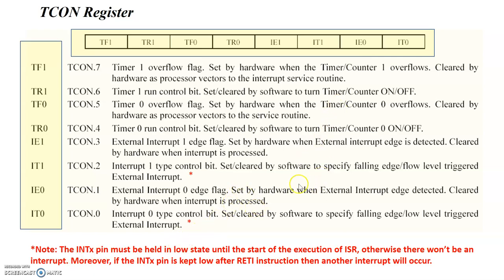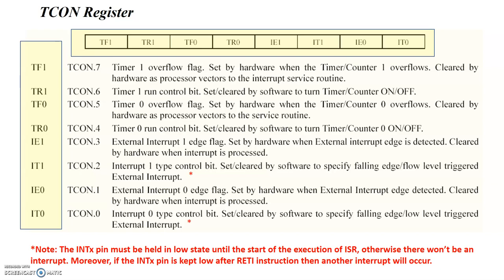Okay, so the other way is when there is a transition from high to low at the INT1 pin, then also an interrupt occurs. So if we are making the IT1 bit equal to 0, then that would mean we are configuring it for the low level triggered interrupt.